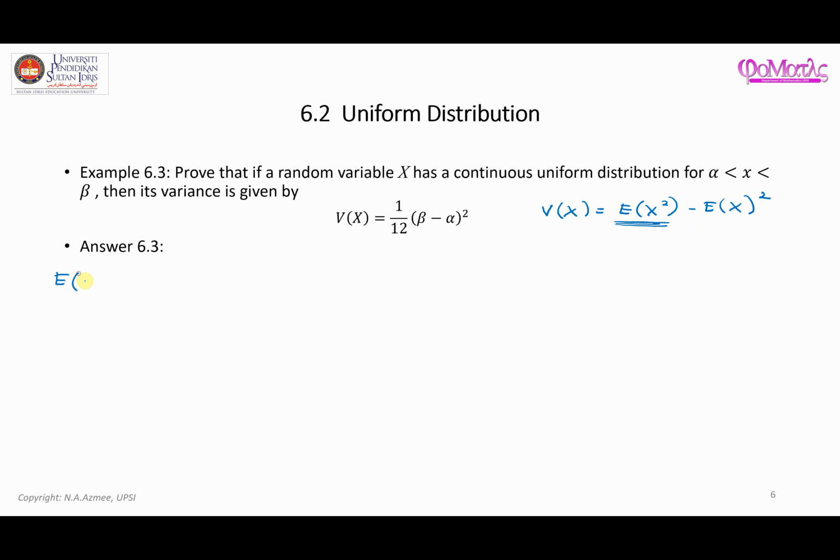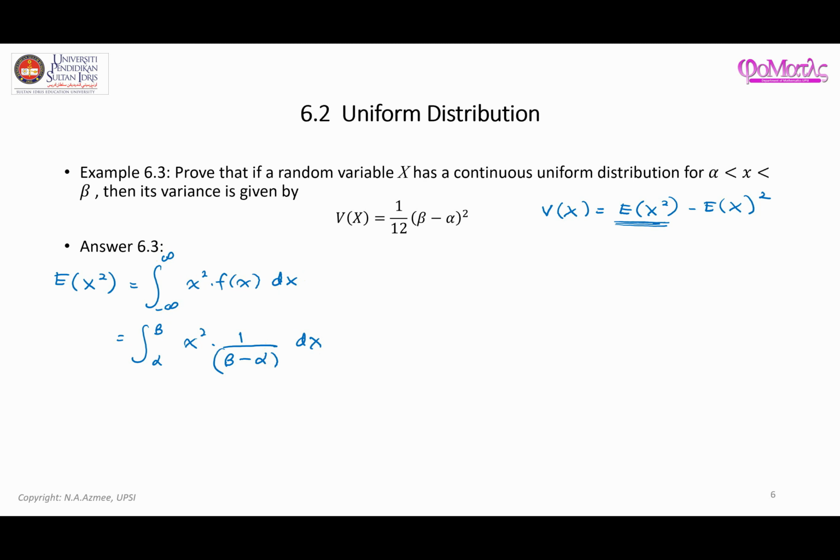Okay, so that's what we're going to do now. We're going to find the expected value of x squared, and this is just going to be x squared times f(x) dx from the lower limit to the upper limit. I'm just going to substitute the limits now. We have alpha and beta, x squared, 1 over beta minus alpha. And again, this is a constant.